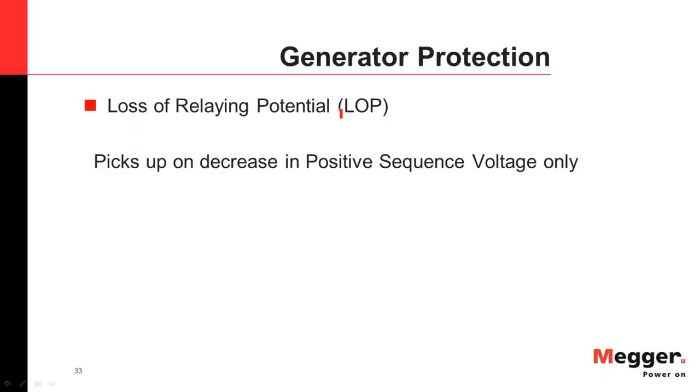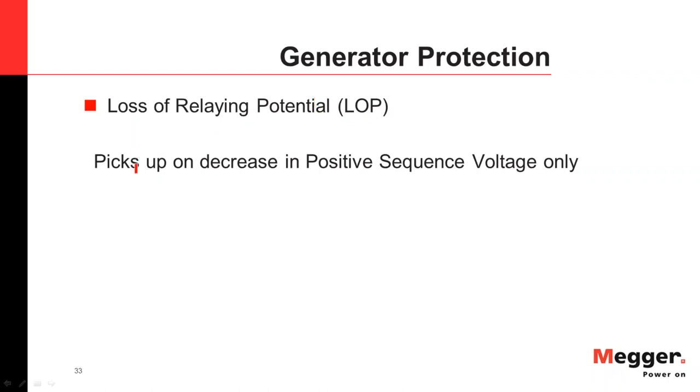In case of that, I don't want my relay to trip falsely. That's why I block those elements only for the instance of fuse failure. And I have an indication in the relay which says I have a loss of relaying potential. Now I can go to the field and change my fuses. So in a way, it is doing that.